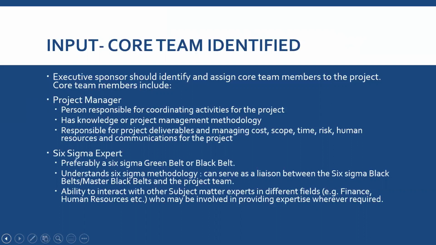We need somebody to be able to interact, have the knowledge, and be willing to share their knowledge with other departments such as finance and human resources as well. This person might be involved with some technical advice, and this person has to have the knowledge in Six Sigma methodology.